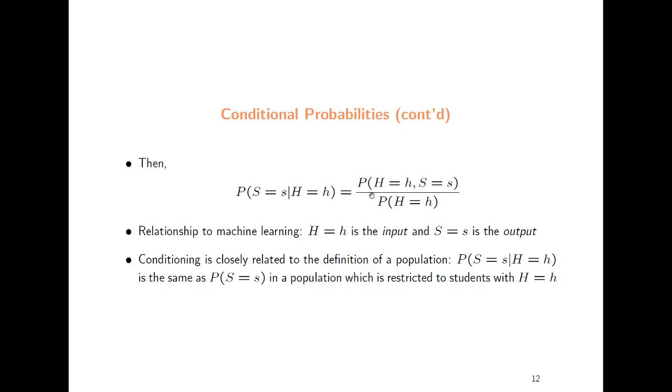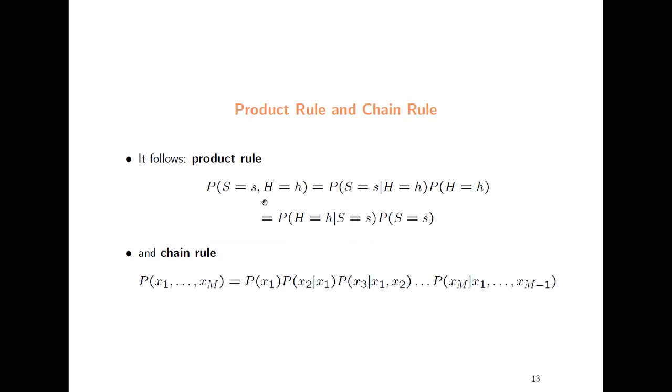This is the same equation, just that I put this on the left side. So the joint probability of S and H is equal to the probability of H times the probability of S given H. And due to symmetry, it's also the probability of S multiplied by the probability of H given S. Again, a very important rule, but it's following from the definition of the conditional probability.